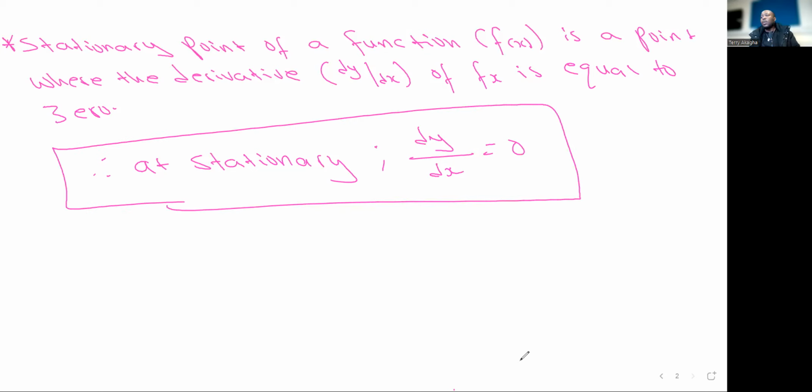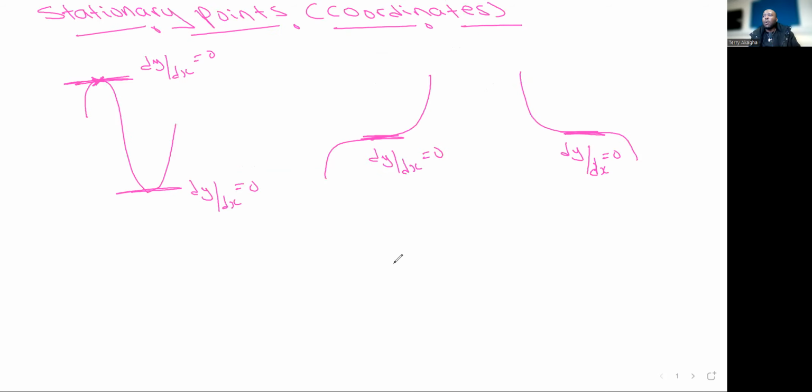We're looking at the coordinates at stationary points. We know at this point here, dy over dx is 0.